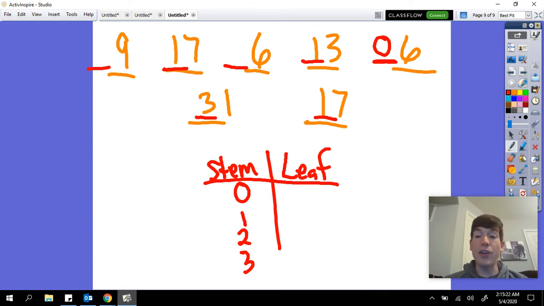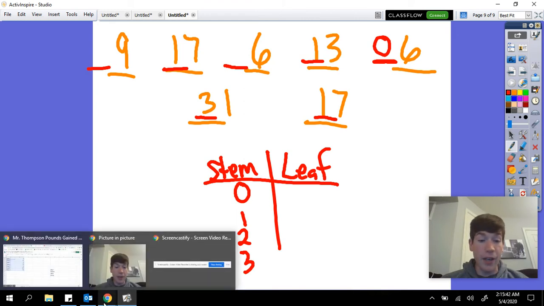But then make sure to go through and include all of your numbers in that chart. Remember, we want our stem and leaf to be in order from smallest to biggest, and we want to include all of our data in there. So if you could do that on a separate sheet of paper and just email me a picture of that so that I can see your stem and leaf plot.